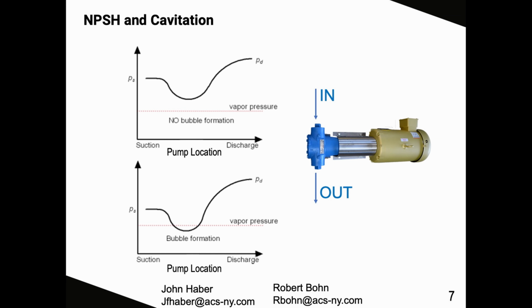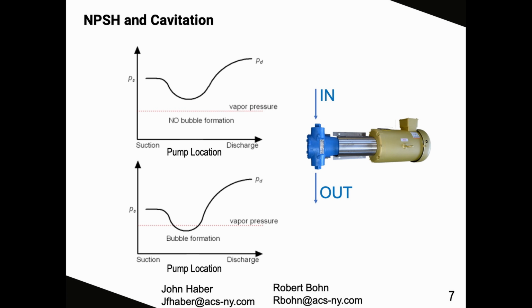This slide here is a representation of your NPSH and cavitation entering the pump. You see at the very beginning, it's pretty steady, and then that drop is when it enters into the gearing of the pump itself. And then at the far right end of the graph, there's your pump discharge.